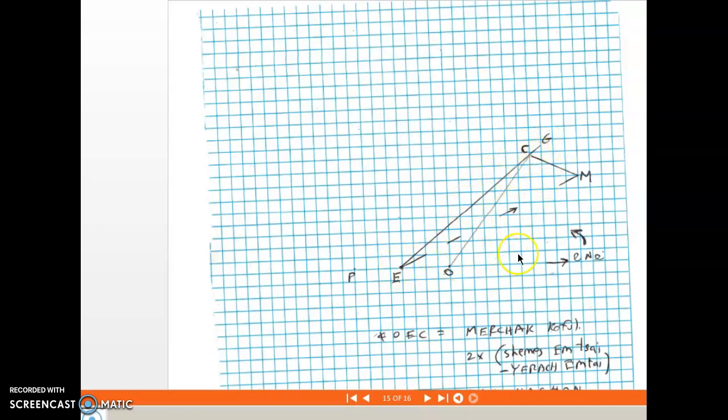Shemesh EC is half of angle OEC, so OEC is double the angle from the Shemesh to C. The Shemesh is somewhere here in between, and it doubles. Once we know the Shemesh and C, we double that, and that's how we know the angle OEC. OEC is double the angle of Shemesh EC.